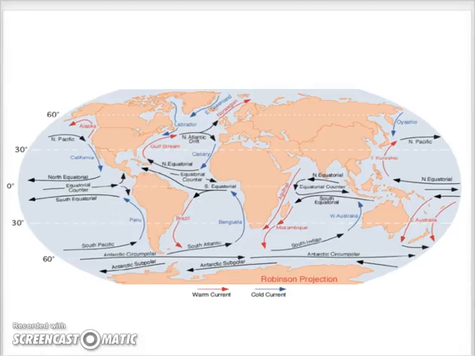The ACC keeps warm ocean waters away from Antarctica, enabling the continent to maintain its enormous ice sheets. Sea surface temperatures decrease from about 5 degrees Celsius at 55 degrees south in the Drake Passage, south of South America, to 0 degrees Celsius at 60 degrees south.